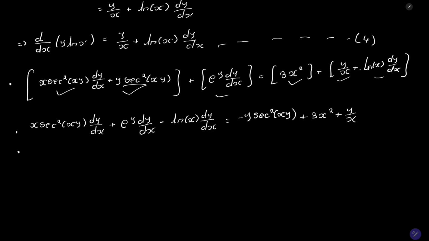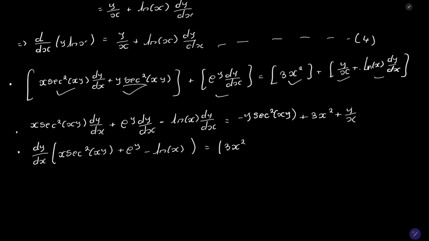Now on our left hand side, we factorize dy on dx out since it's common throughout the three terms, leaving us with dy on dx in brackets x sec squared xy plus e to the power y minus ln x, all equal to 3x squared plus y on x minus y sec squared xy.